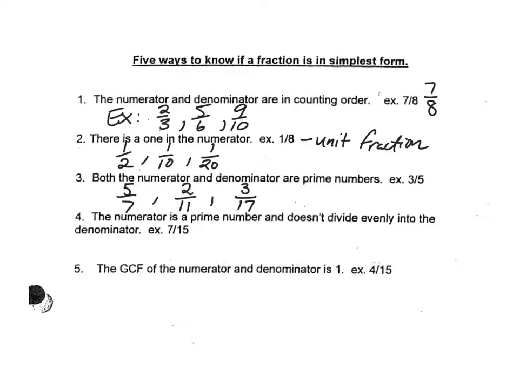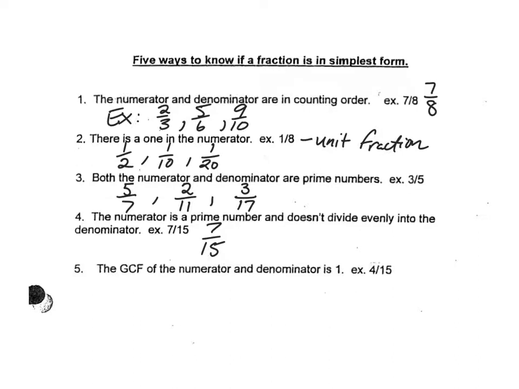All right, look at way number 4. The numerator is a prime number, and it doesn't evenly divide into the denominator. These are a little bit tricky because now you have to stop and think. Look at the one they gave you, 7/15. Well, 7 is prime, but 7 can't go into 15, so it falls under that category.